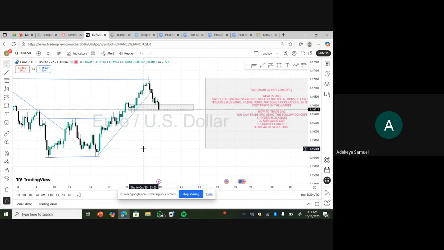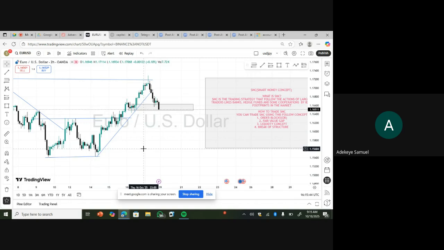Now, in SMC, there's something we call top-down analysis. Top-down analysis is the analysis you perform using time frames.